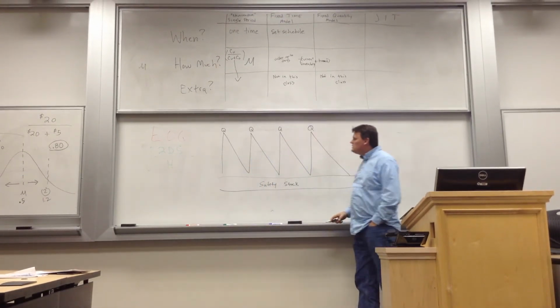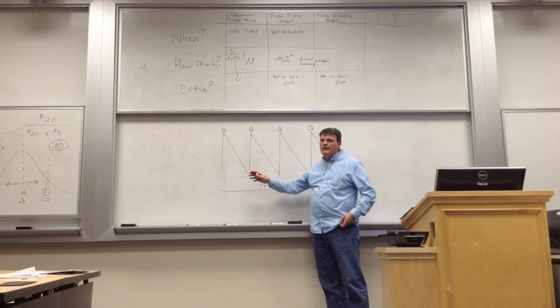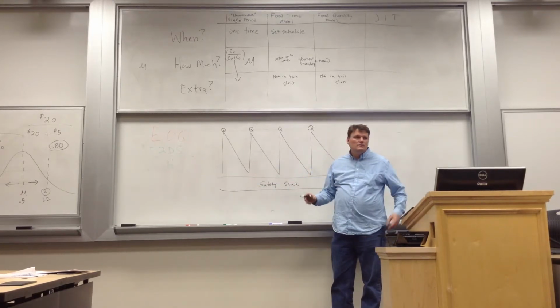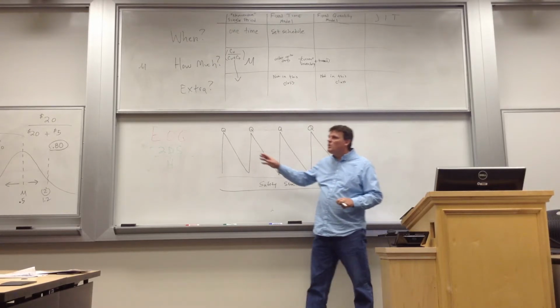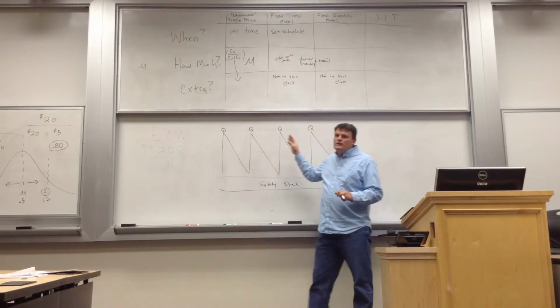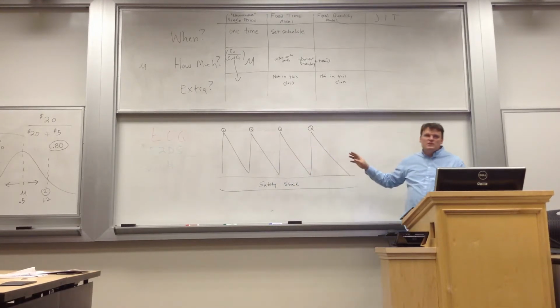and we're receiving Q how frequently? And we don't really know, right? But we're receiving the same quantity each time. There are a lot of simplifying assumptions that make EOQ work.